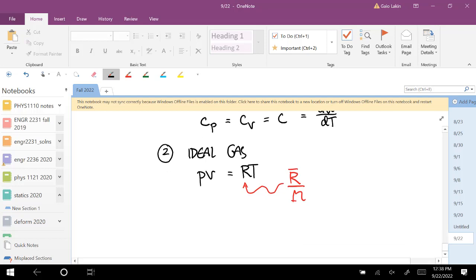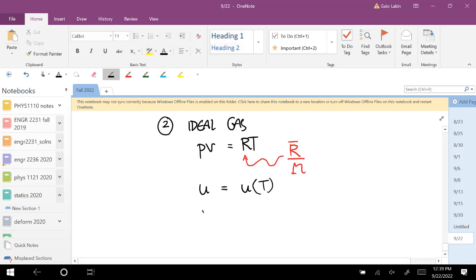For an ideal gas, the specific internal energy is only a function of temperature. And so that means C_V is just dU/dT, just like it was for incompressible.